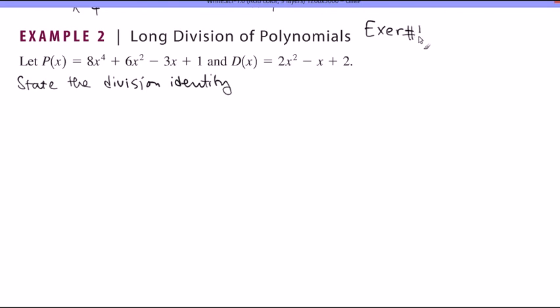Using long division. So what is the degree of the divisor D here? 2. So the synthetic division that I haven't introduced, you can't do that here. This must be long division, right? Do you notice anything special about P of x? The x to the third is missing, right?